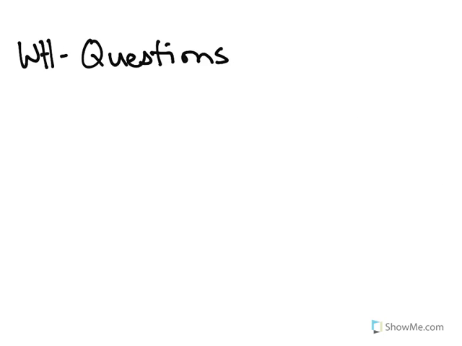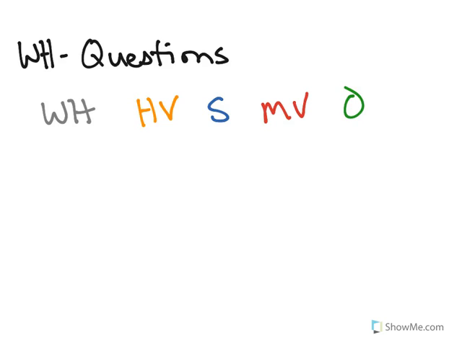For WH questions, it's going to be the same order, except I add that WH word at the beginning, and then my helping verb, then my subject, the main verb, and the object. And question mark there at the end.